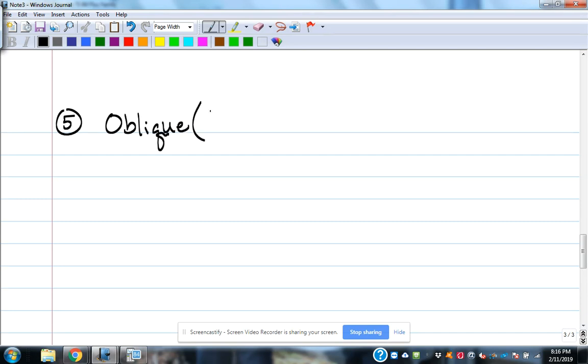O-B-L-I-Q-U-E. Oblique, you might hear me say the word slant asymptote. When I learned this, it was called slant asymptote. Oblique, they're slanted. Horizontal asymptotes, straight across. Vertical asymptotes, straight up and down. Oblique asymptotes, they're slanted, either up and to the right or down. It depends on the problem.